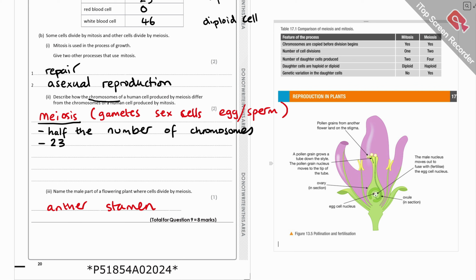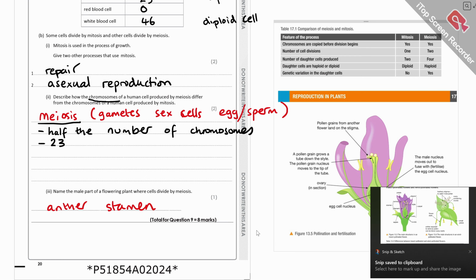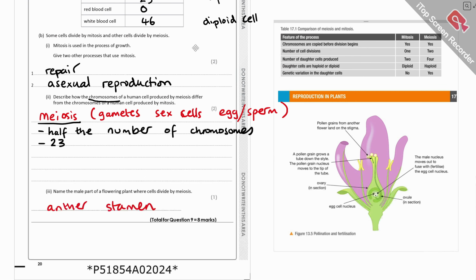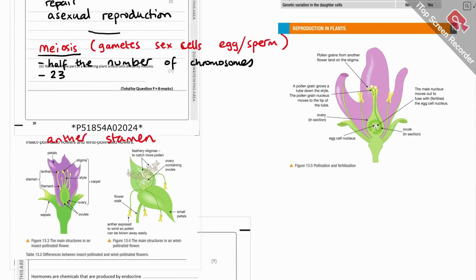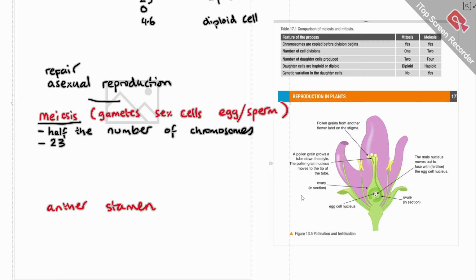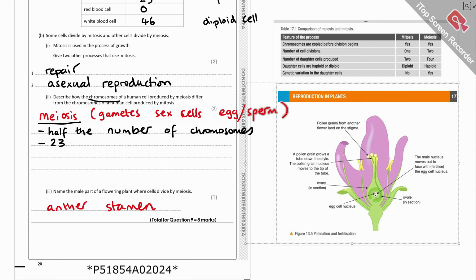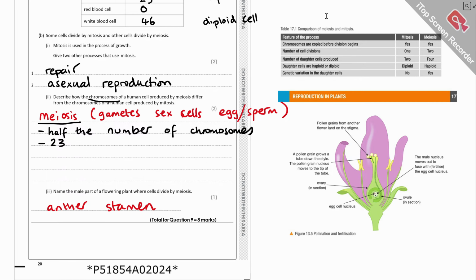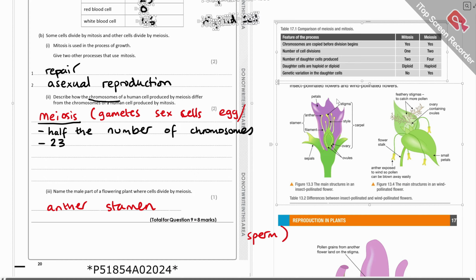Where is the anther? Pollen grain, tube, ovary. Right, okay, I need to go get another. Let's paste it here. No. I had to do that, didn't I? I had to do that. Paste it here. Right, okay.